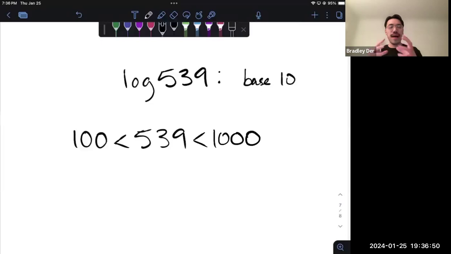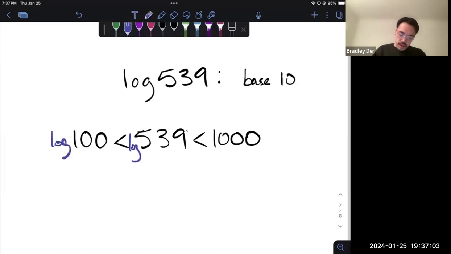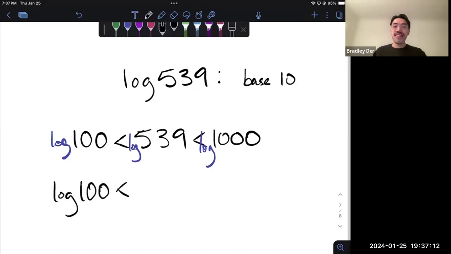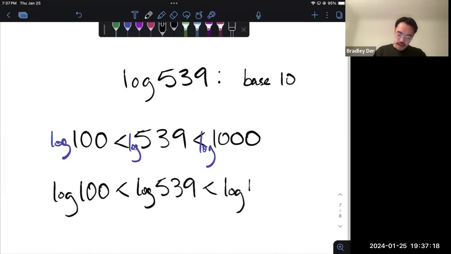So we have this compound inequality: 100 is less than 539 is less than 1000. But we can take the log of each part of our inequality. If I rewrite that, the common log of 100 is less than the common log of 539, which is less than the common log of 1000.